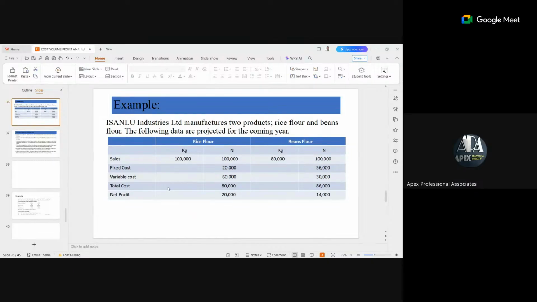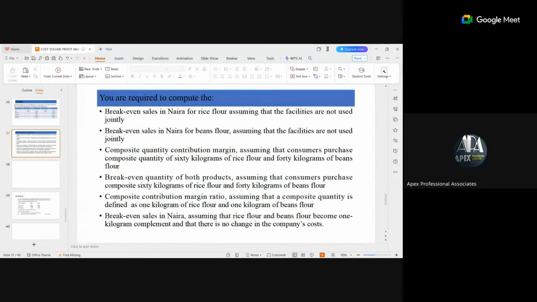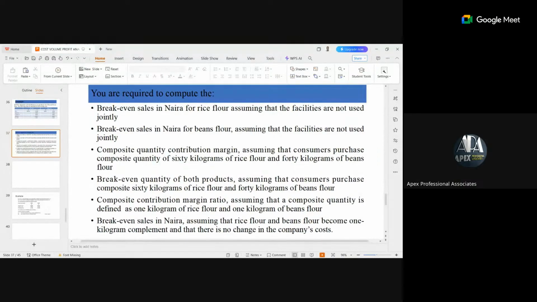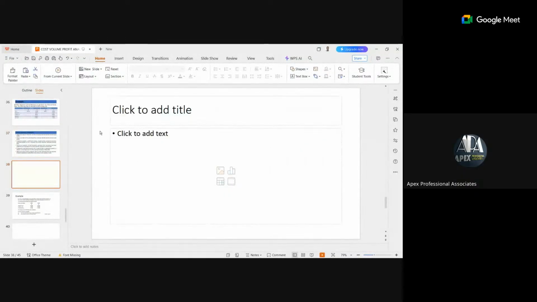Let me zoom it now. Screenshot this, the requirement. Make it bold for you to screenshot. So I think by now everybody should have the question. So let's see what the solution will look like.